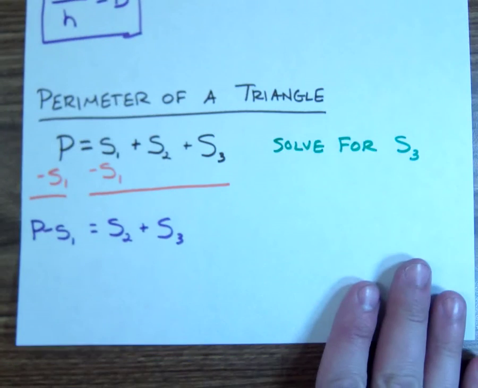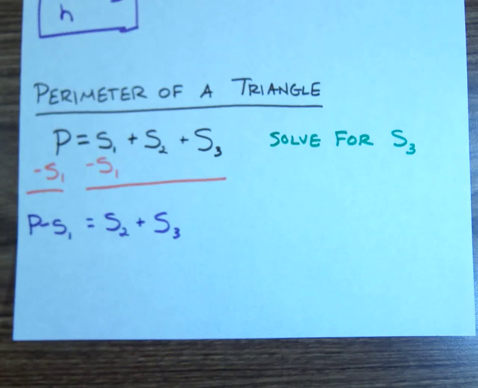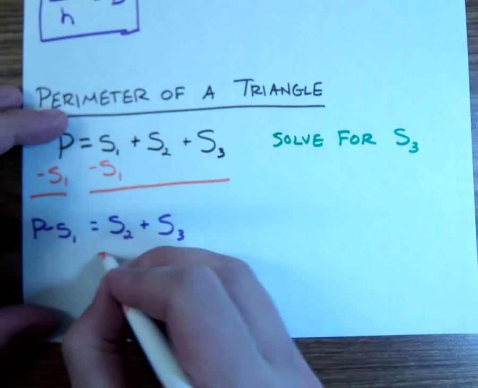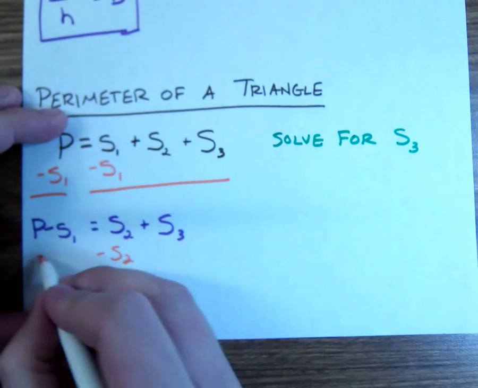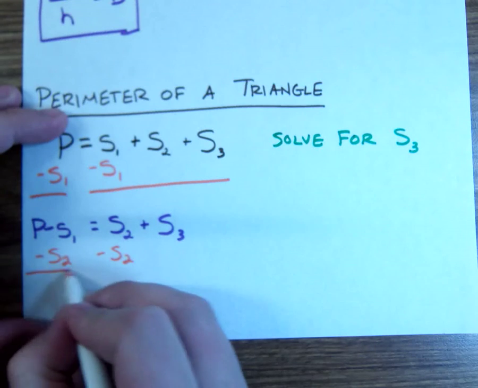Okay, my goal is to solve for S3. Is S3 by itself now? No, it is not. Minus S2. Well, it's minus S2 now. So it'd be P minus S3?